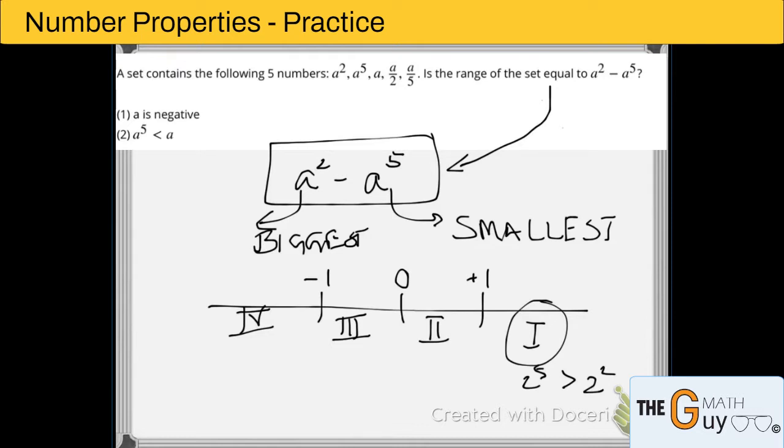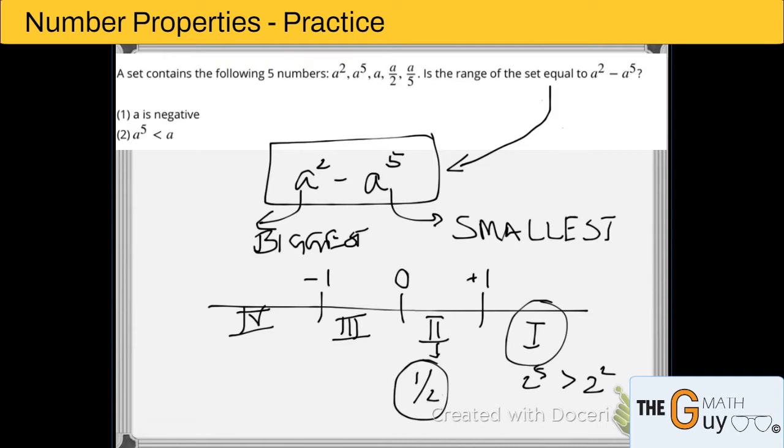Zone 2, when you look at positive fractions, take the example of half. A to the power 5 stands a good chance. If I plug this example into the 5 numbers, a to the power 5 will be the smallest of the 5.